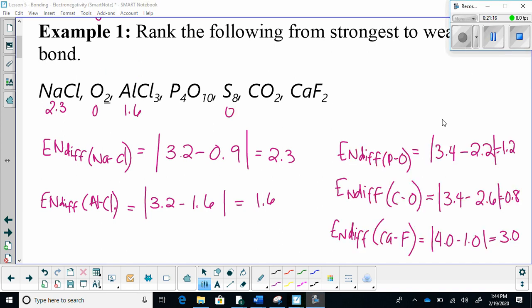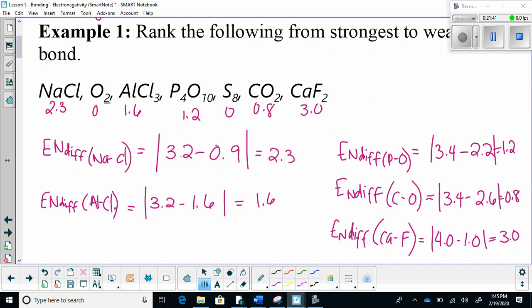Okay, so here are the calculations for the following electronegativity differences. For phosphorus oxide, 1.4, for sulfur 1.2, carbon dioxide 0.8, and 3.0 for calcium fluoride. Now, out of these, which one is the strongest compound?